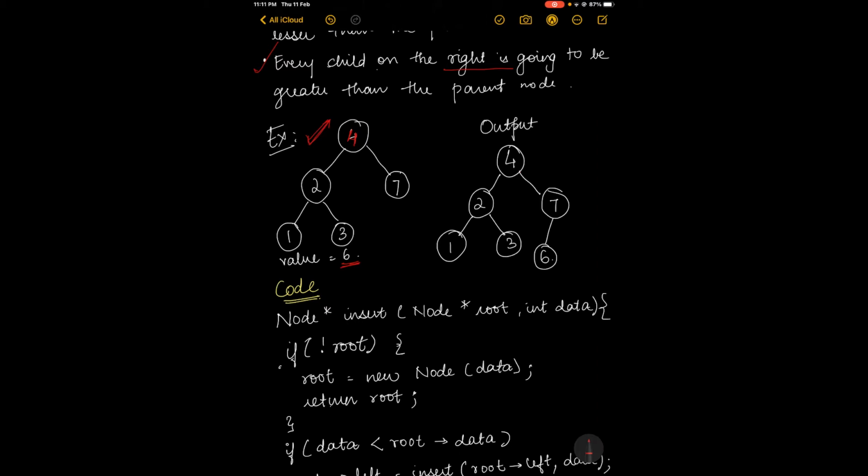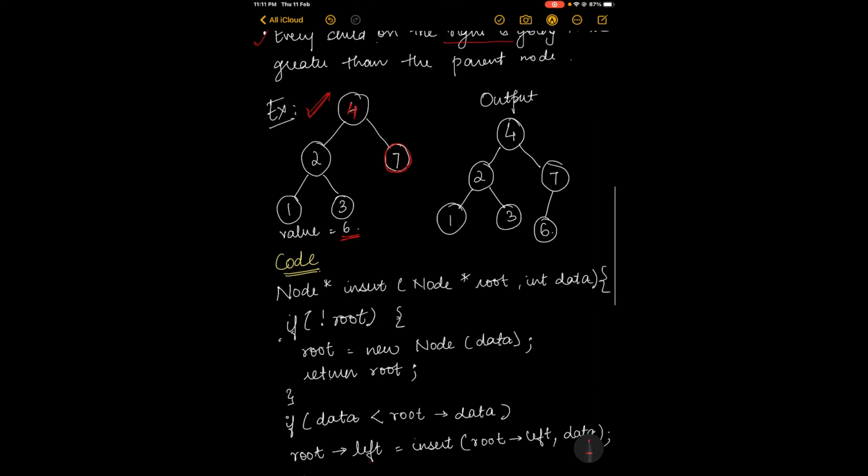Proceeding, we see 7 as the parent node, and 7 being greater than 6, we should be inserting 6 on the left side of 7. It should be the left child of 7. So I hope this was clear, the way the insertion should take place.